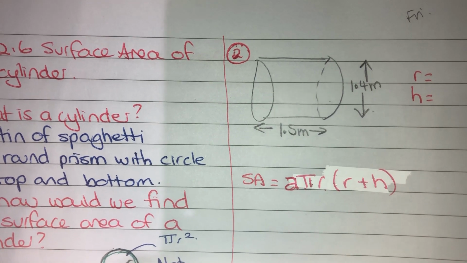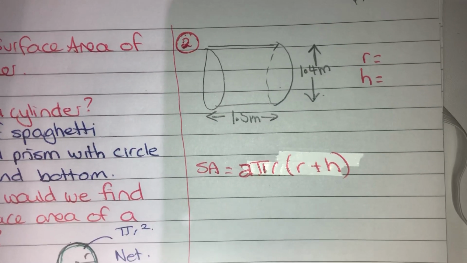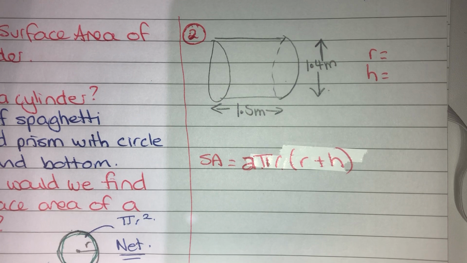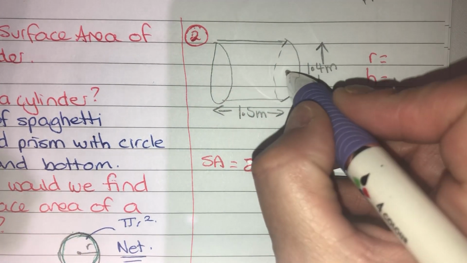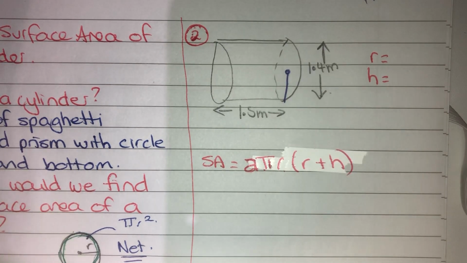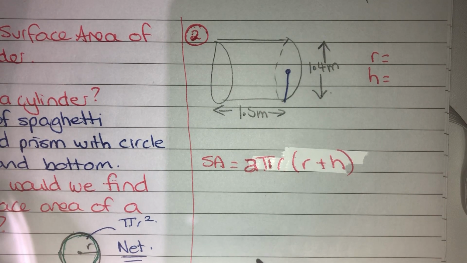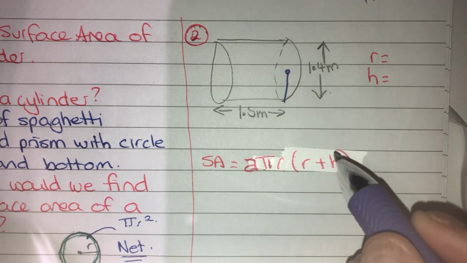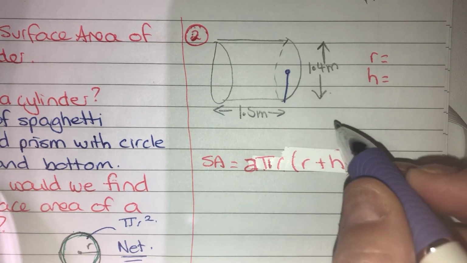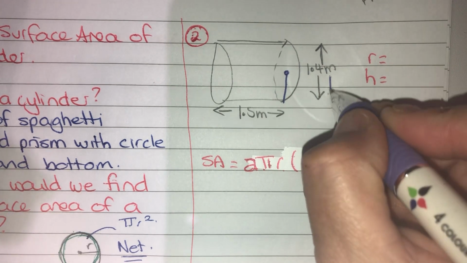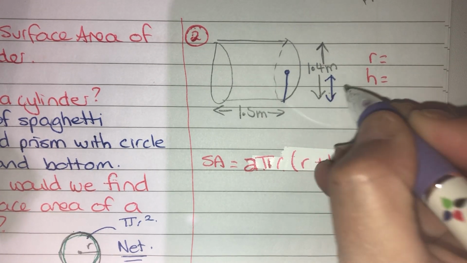So I've got another one here for you. And we're just going to have a look. So the radius. Now, this time I've put it on its side, so that's pretty much the only difference. And I've given you the diameter instead of the radius. So we want the radius. If the diameter is 1.4, then we want half of that for the radius.